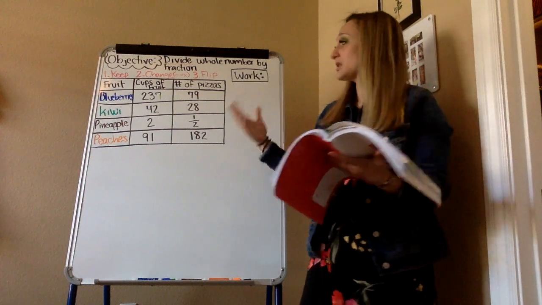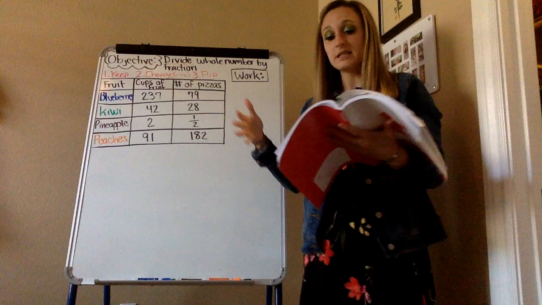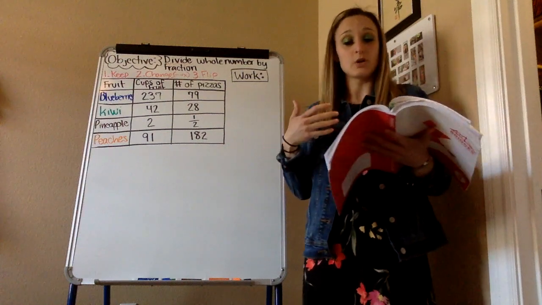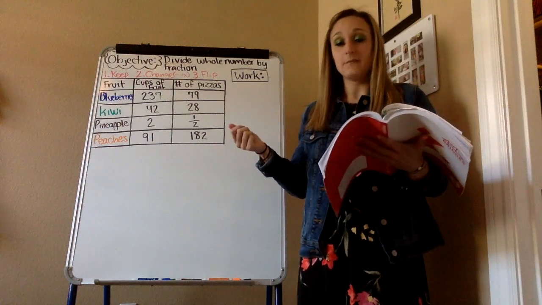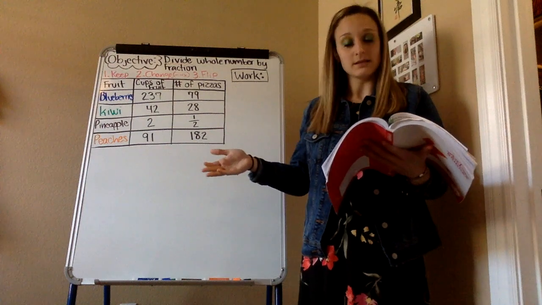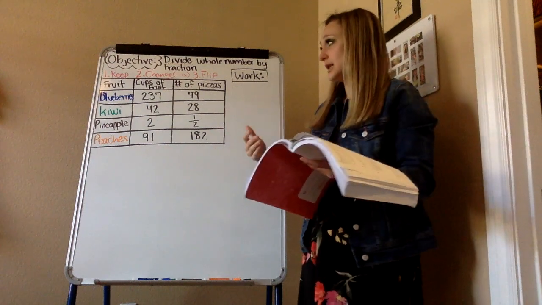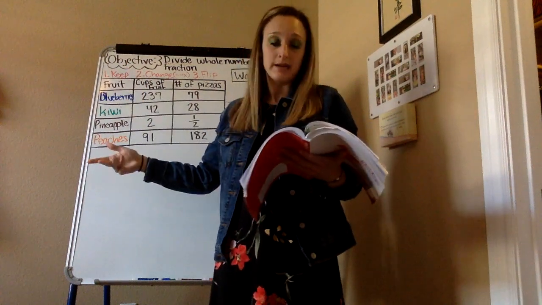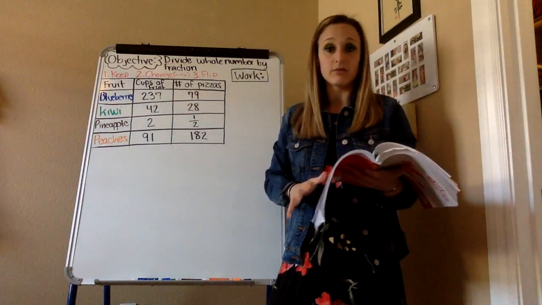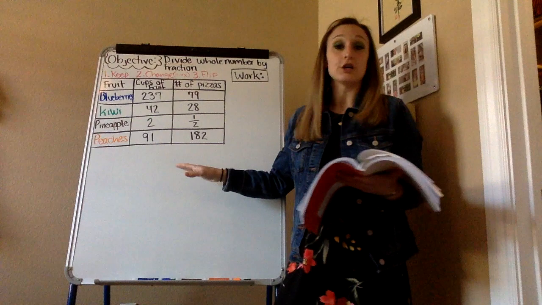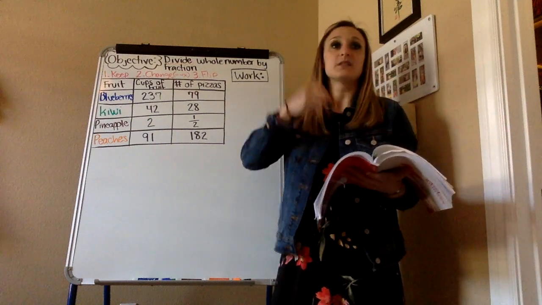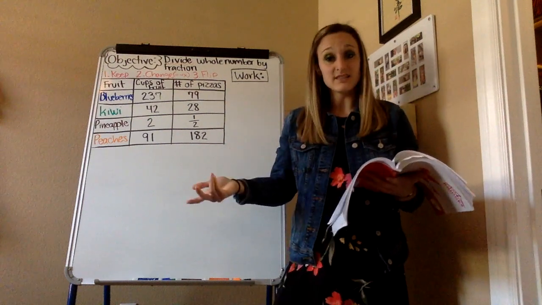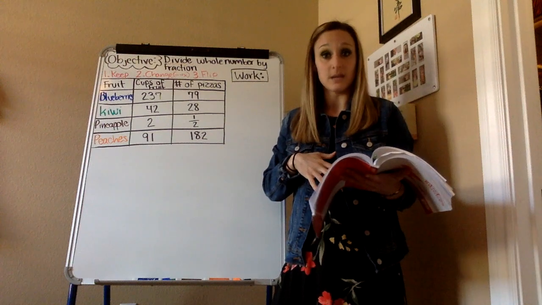Basically, what our fruit pizza problem is telling us is that Lisa, her parents own a bakery, and they make fruit pizzas. I have handpicked, there's more than this, and you'll have to complete the rest of the table, but these are good examples of the type of math you are going to need to do as you finish the rest of the table.